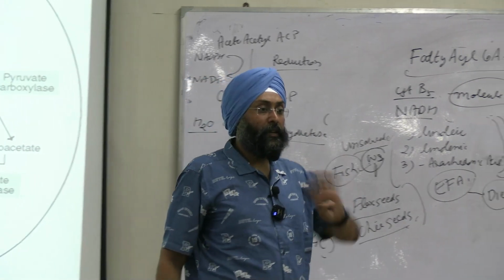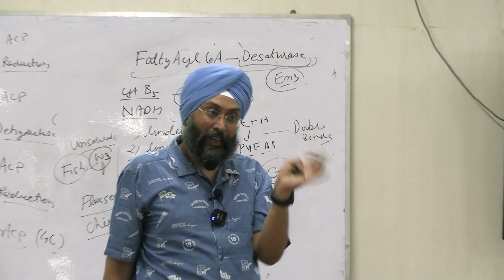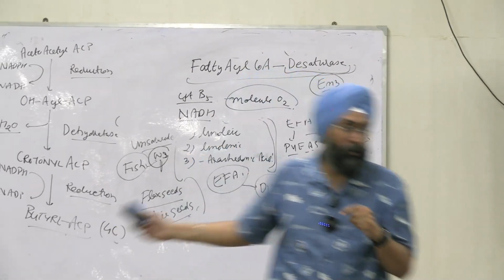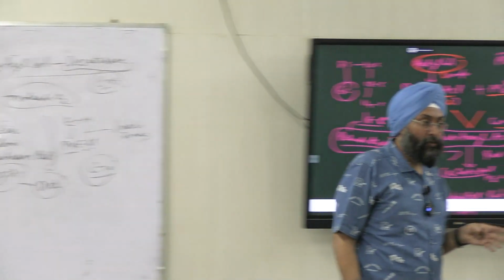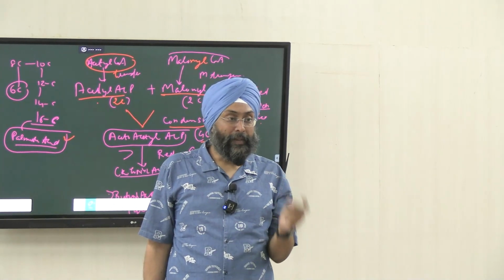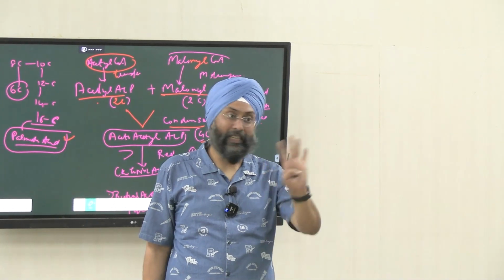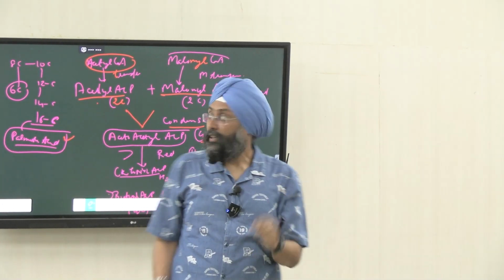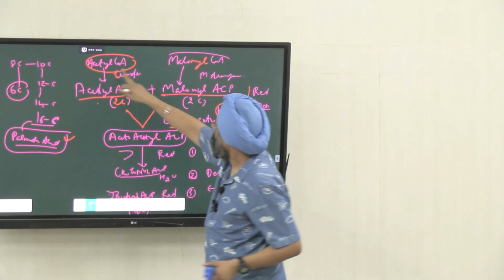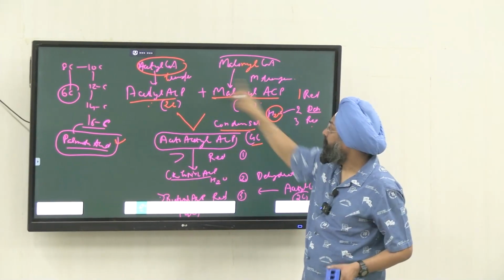First step is introduction of acetyl CoA into the cytosol from the matrix, right? You have acetyl CoA inside the cytosol, you will convert it into malonyl-CoA, right? And this malonyl-CoA is the precursor for further fatty acid synthesis via the fatty acid synthase complex with 7 enzymes. We discussed it. In the first step, acetyl CoA and malonyl-CoA are converted into acetyl ACP and malonyl ACP via transferase reaction.